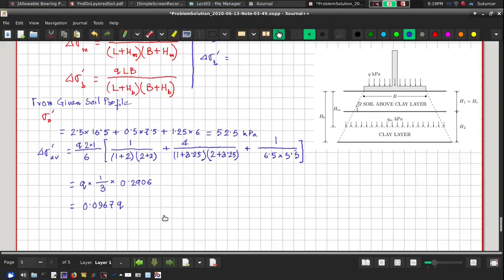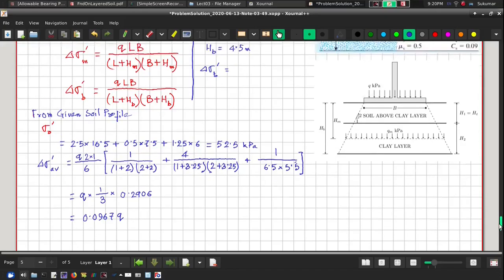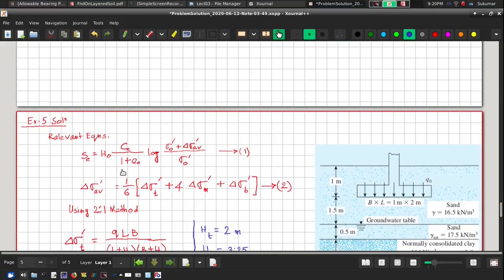Now we will put these values, sigma average and sigma naught, in the primary consolidation equation. And since everything is known except Q, I can solve it for Q. So let us do that.